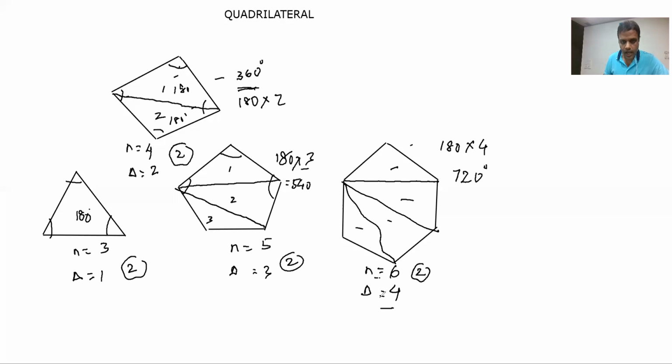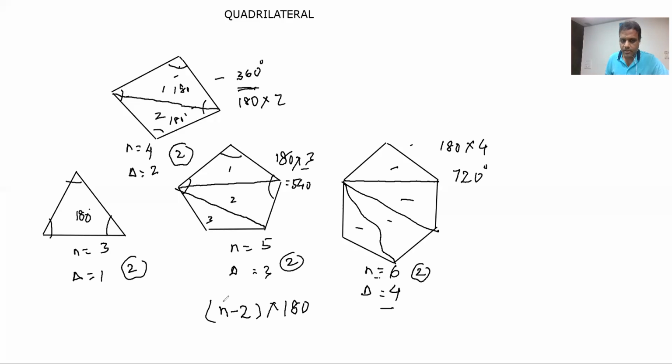And now I can write a formula: if there are n sides, how many triangles will be there? N minus 2 triangles will be there. If I multiply with 180, I get the sum of the internal angles of that shape which has got n sides.